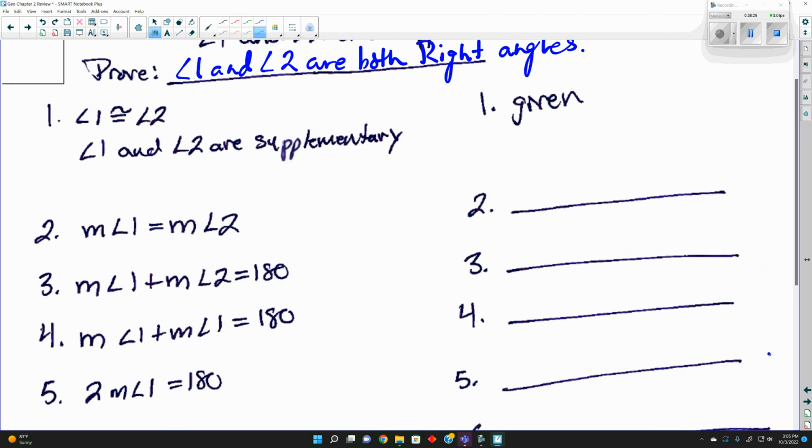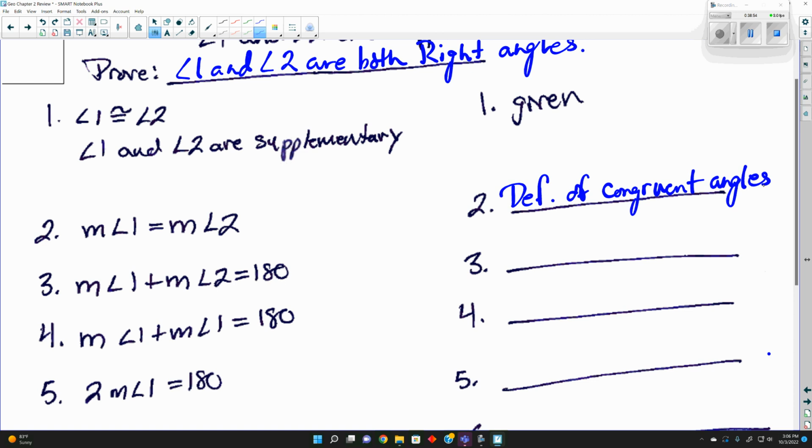Okay, so they gave us angle 1 is congruent to angle 2, and 1 and 2 are supplementary. Now, the first thing they tell us on line 2 is the measure of angle 1 is equal to the measure of angle 2. Well, that's a definition of congruent angles, because if two angles are congruent, it means their measures are the same.